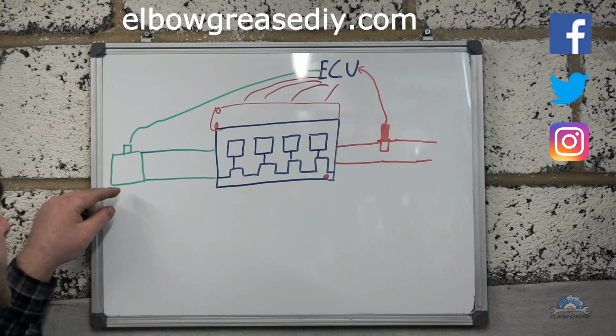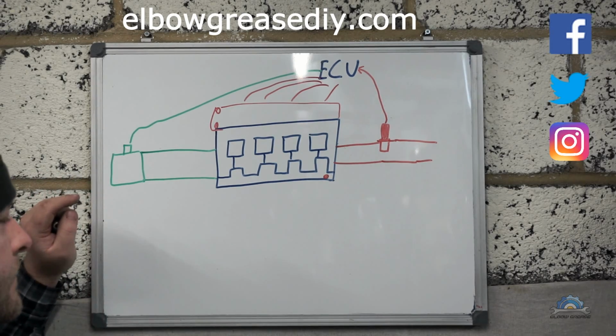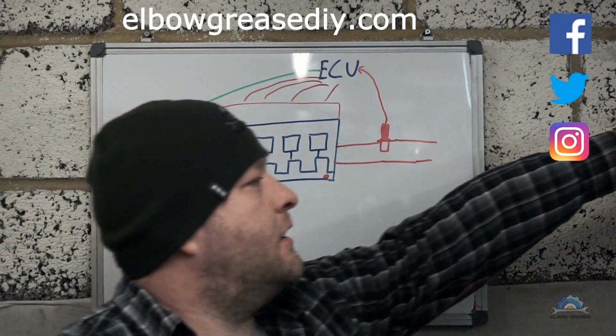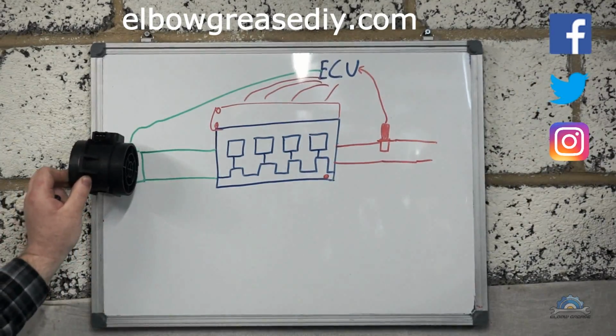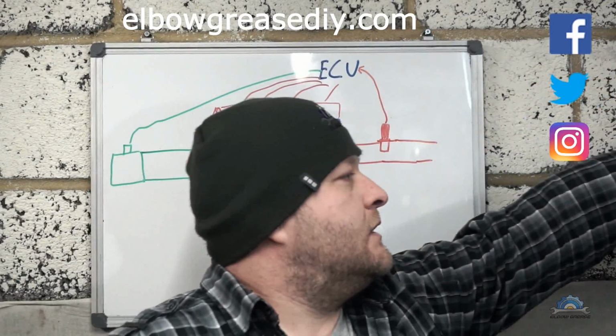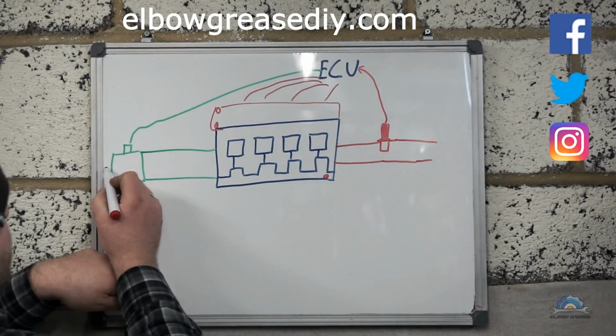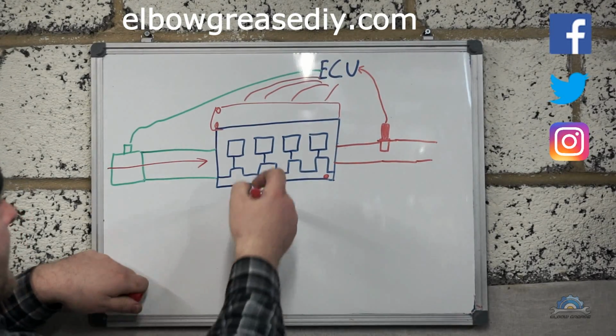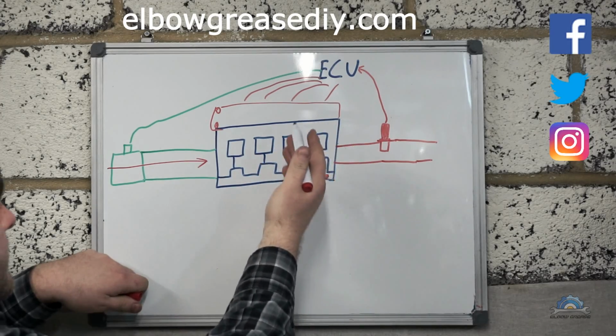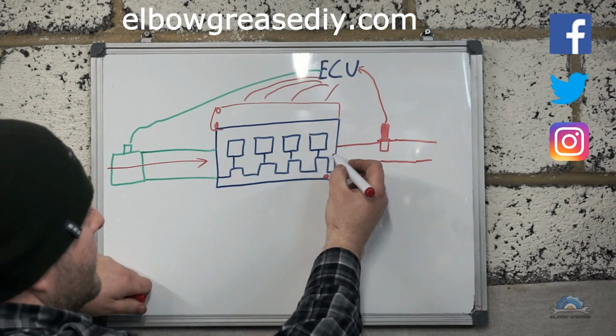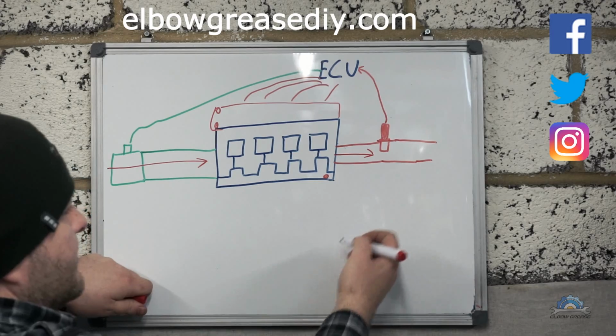As soon as you fire up the engine, the MAF, which is located here, this device, is telling the ECU how much air is going into the engine. The fuel and air is burned and ends up in the exhaust system.